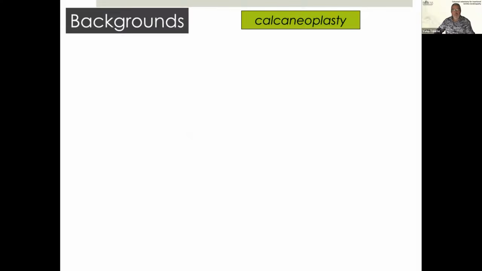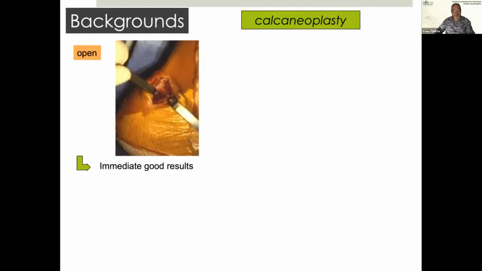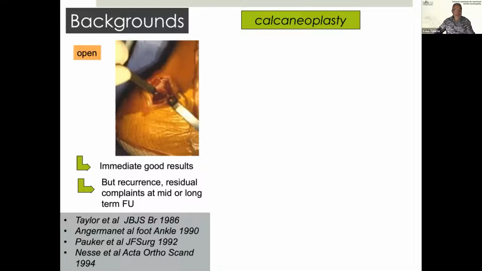The last background I would like to deal with is calcaneoplasty, which is a surgical treatment of the posterior aspect. In open conditions, there are immediate good results in the literature, but with time, recurrence and residual complaints arise at mid or long-term follow-up, and there is a lot of publication on that.